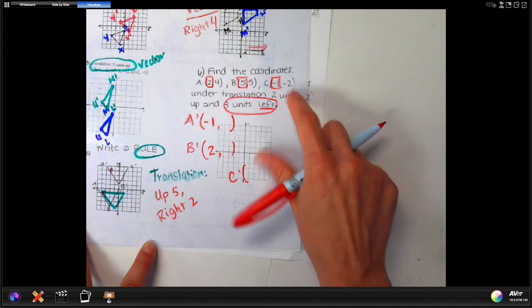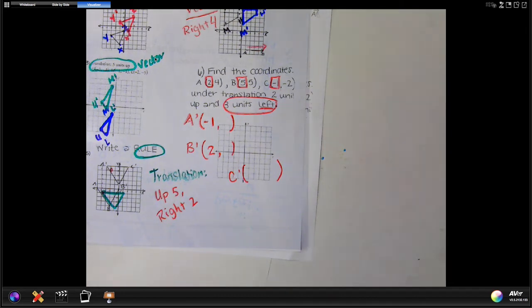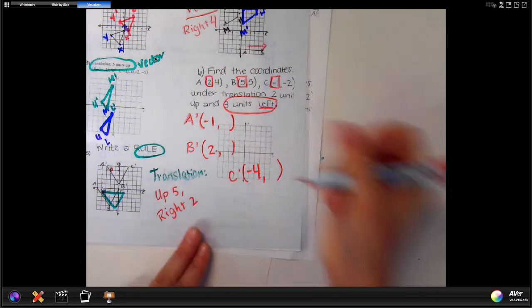This is the challenging one without a calculator, right? -1 minus 3 is what? -4. Okay? So if you think about the number line, if you have -1, like here's 0, -1 minus 3 more is going to give you -4. Okay, so there's our first coordinate.